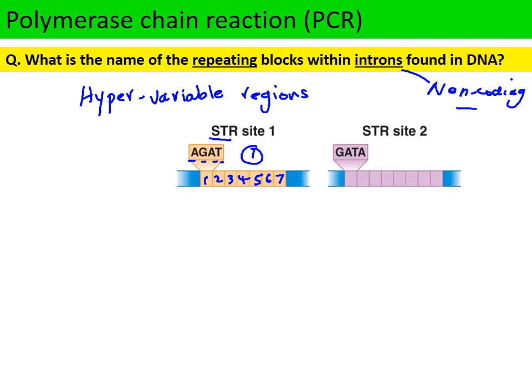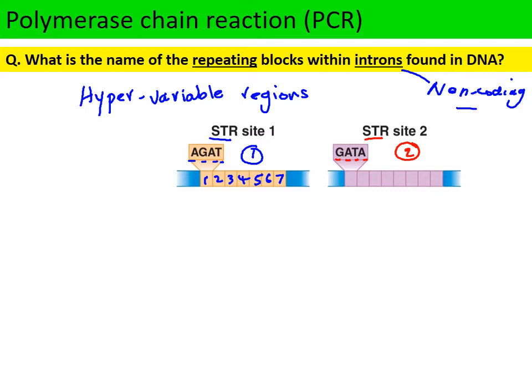In a different part of the genome of that person, there's going to be a second hypervariable region, so we'll call that number 2. And in this second hypervariable region, there's a short tandem repeat made of GATA.